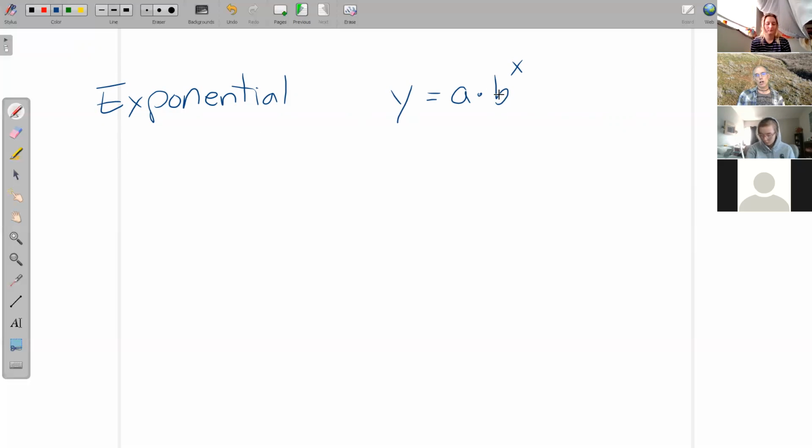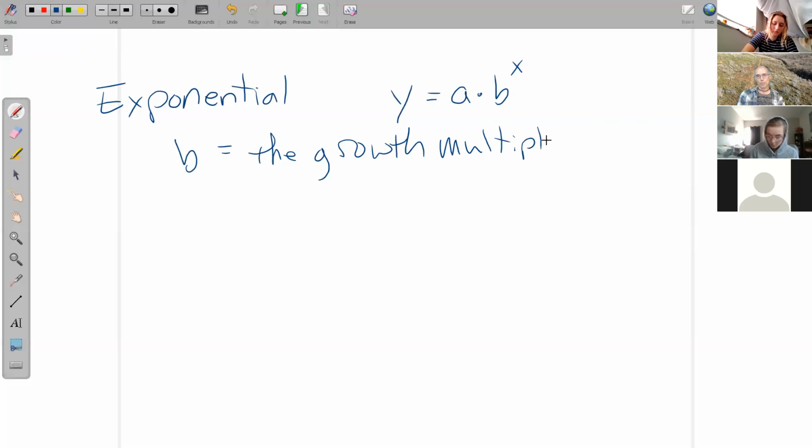Important things here are the value b, and b is what we call a growth multiplier. It's different than the growth rate. We'll see that in a moment. A in this case is the initial value, the starting point, a Y-intercept.